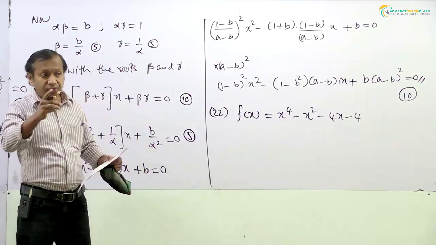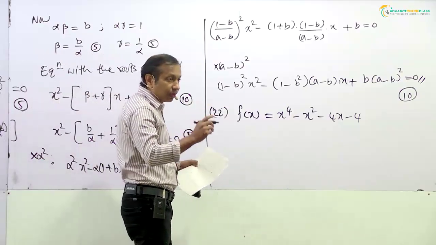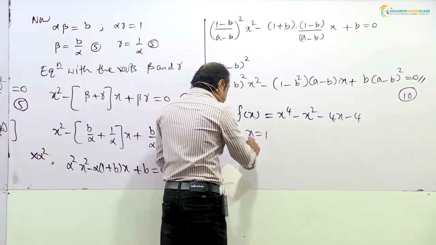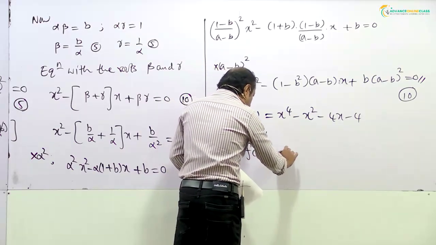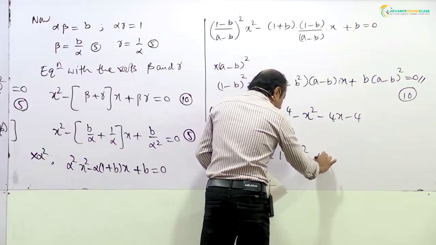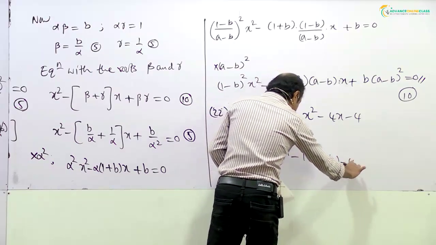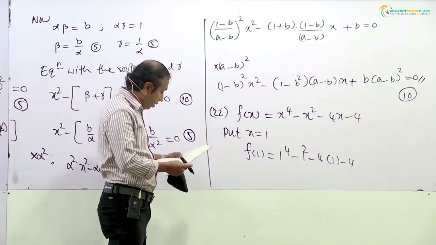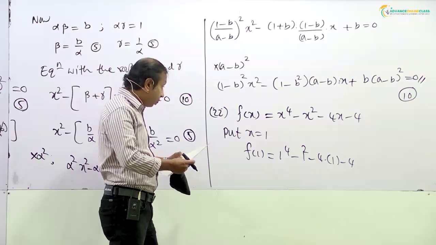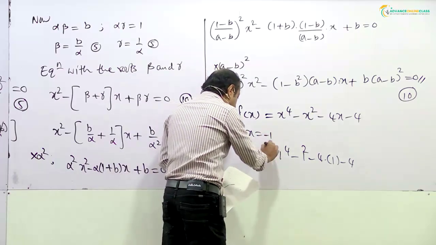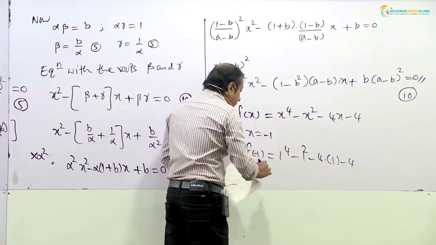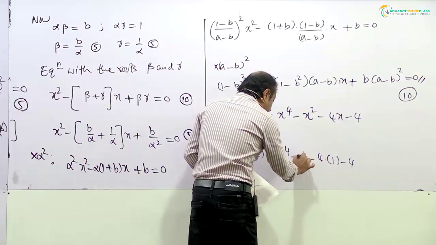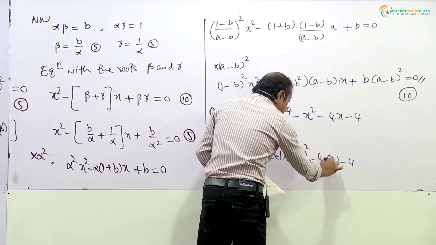To show x minus 1 is a factor of f(x), first we have to put x equals 1. Here we get f(1): 1 to the power 4, 1 squared, 4 into 1, minus 4. Asking to show x plus 1 is a factor, no? Put x equals minus 1. Then minus 1 to the power 4, minus 1 squared, minus 1.